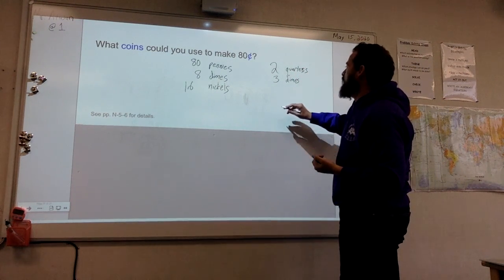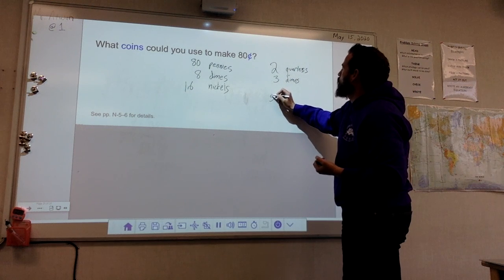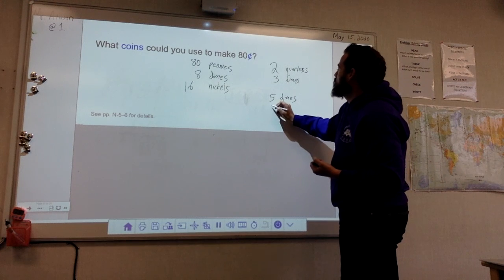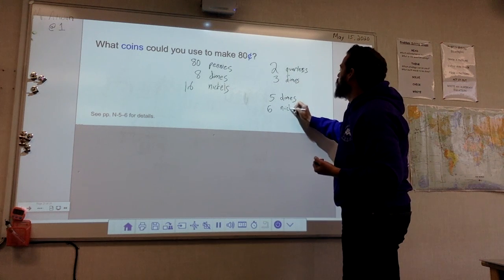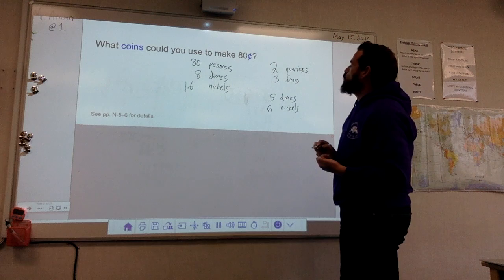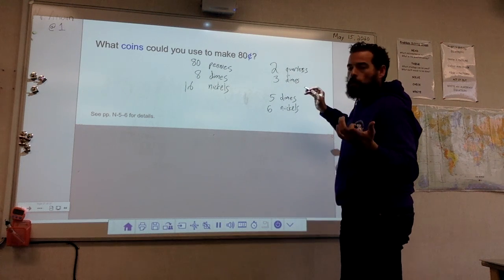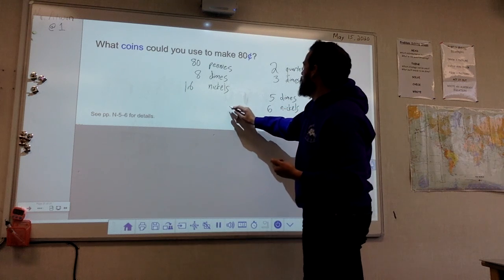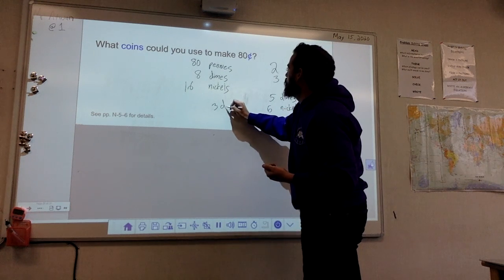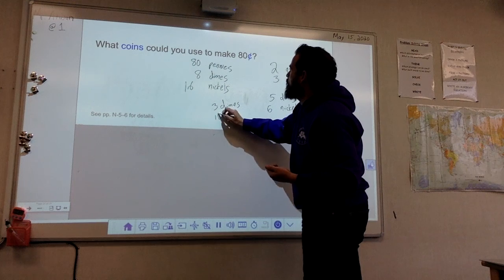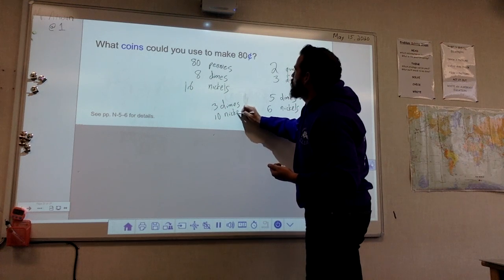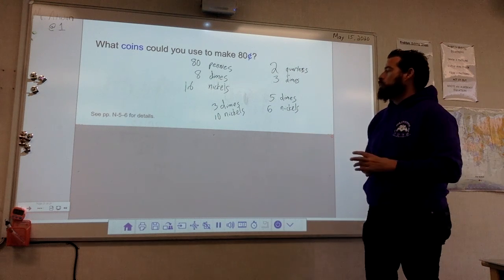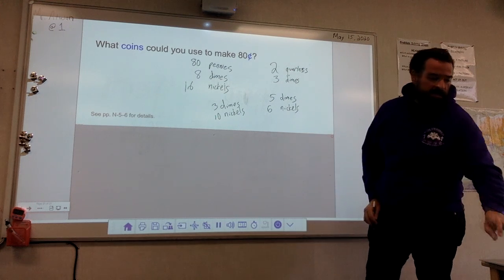We could say 5 dimes and 6 nickels. We could say 3 dimes, 10 nickels. So as you see, there's a lot of different coins we could use, a lot of different combinations that we could use to make up 80 cents.